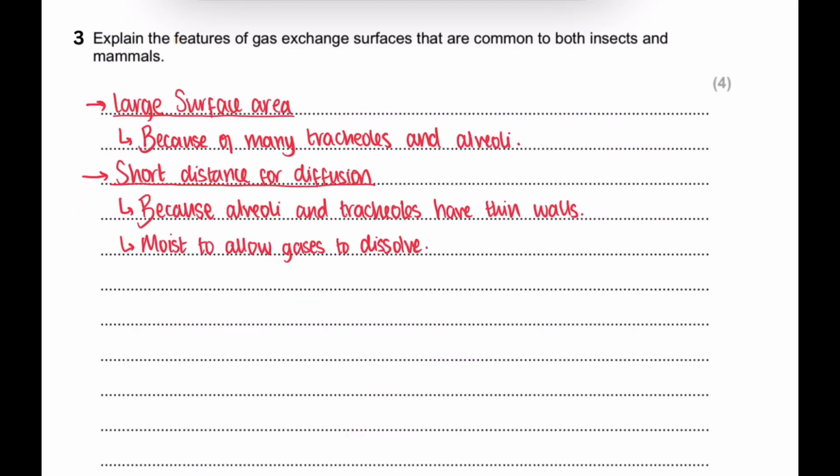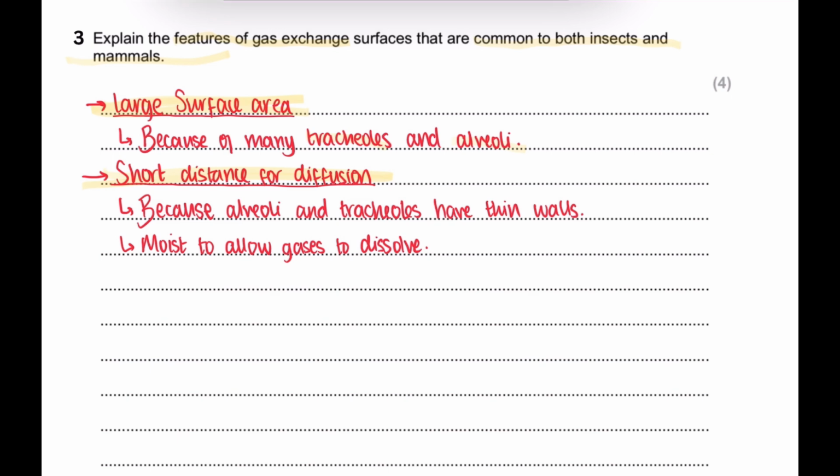Question 3. Explain the features of a gas exchange surface that are common in both insects and mammals. First, we can say large surface area and short distance for diffusion. These are very common for every type of gas exchange surface. It's the principle of how they work. So all we have to do is link how an insect and a mammal have this large surface area. We can say large surface area. This is because in mammals we have lots of alveoli, and in insects we have lots of tracheoles.